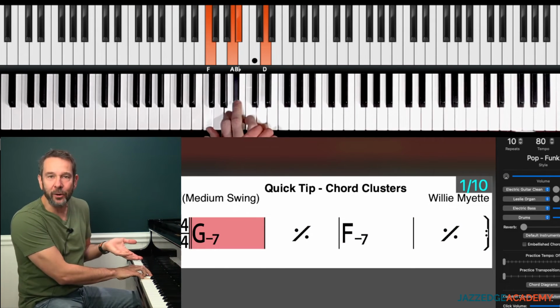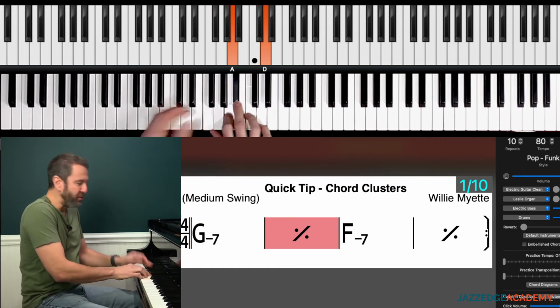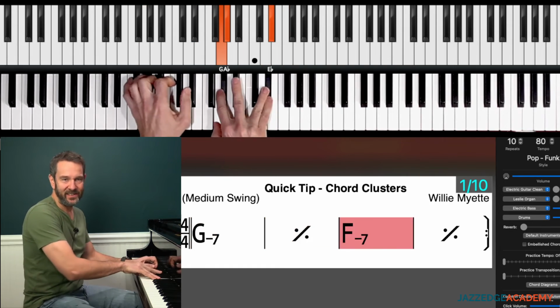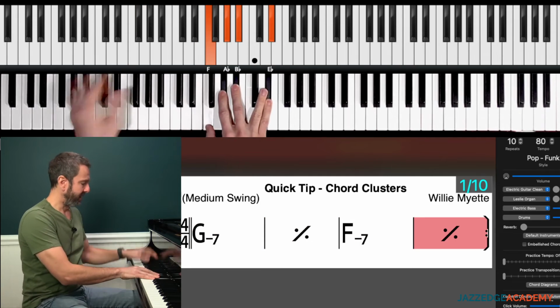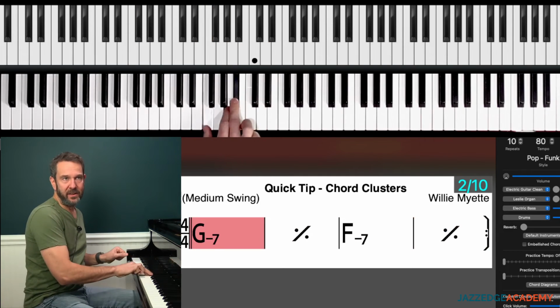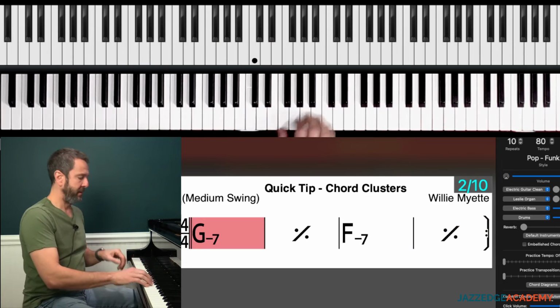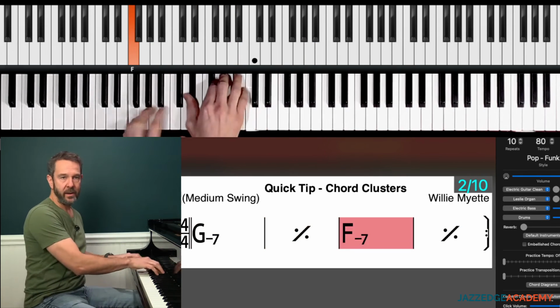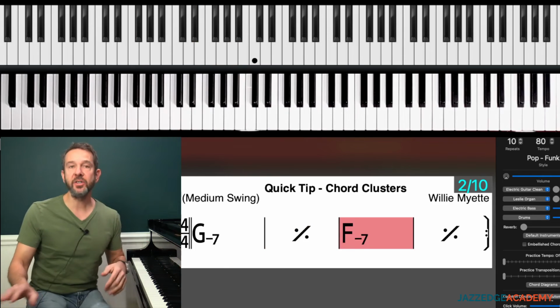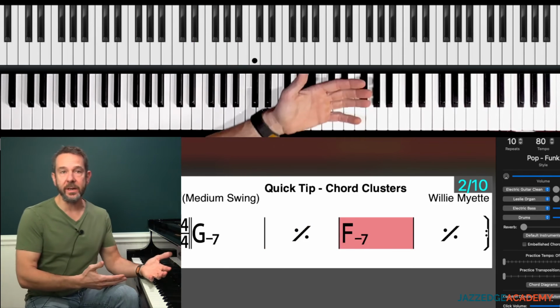Necessarily play that chord voicing because it might sound a little bit too jazzy. Bring our minis in.